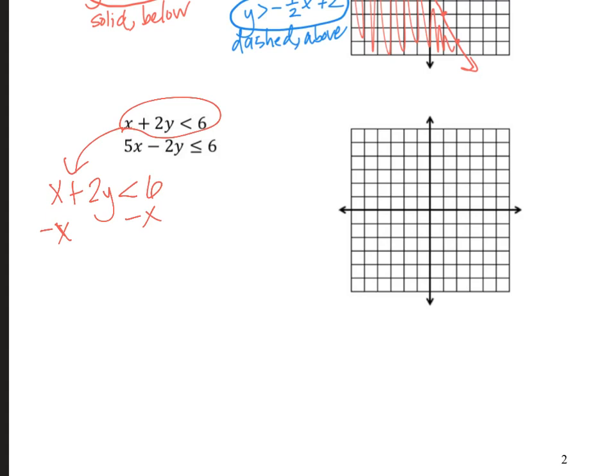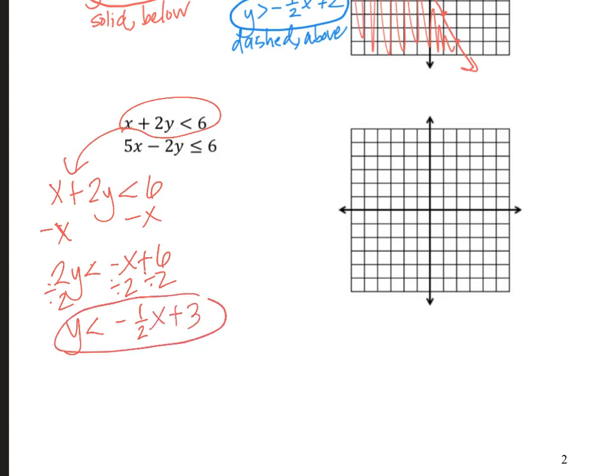So then I have 2y is less than negative x plus 6. Divide by 2. So then I have y is less than negative 1/2 x plus 3. This is going to be a dashed line.